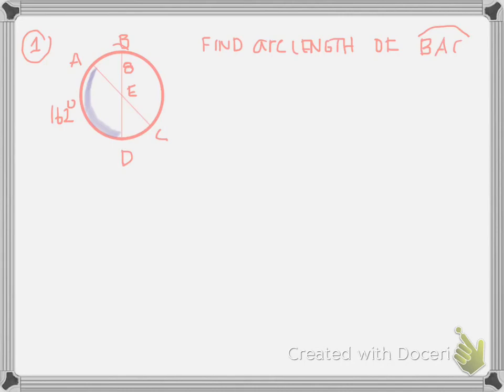But what I'm looking for is the arc length of BAC. So I'm looking for the arc length of BA all the way around here to C.